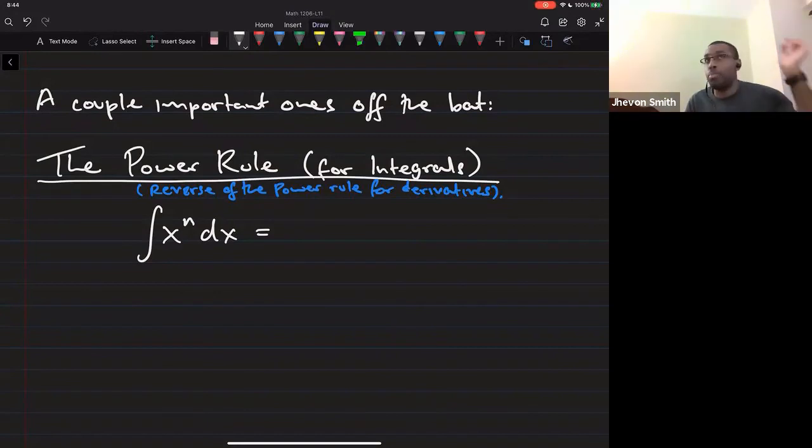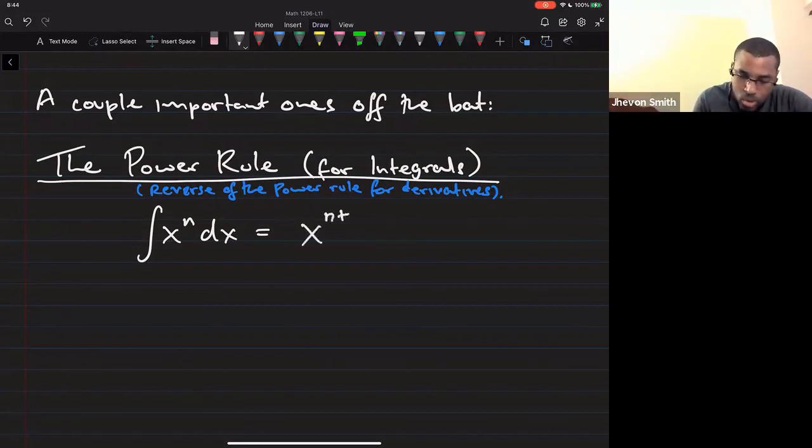Then at the end, you put a plus c attached to it, because if there was a constant being added, the derivative would have gotten rid of it. So this becomes the following: instead of subtracting one from the power, you add one to the power, and instead of multiplying by the old power, you divide by the new power, and then you add plus c. This is a very important rule.